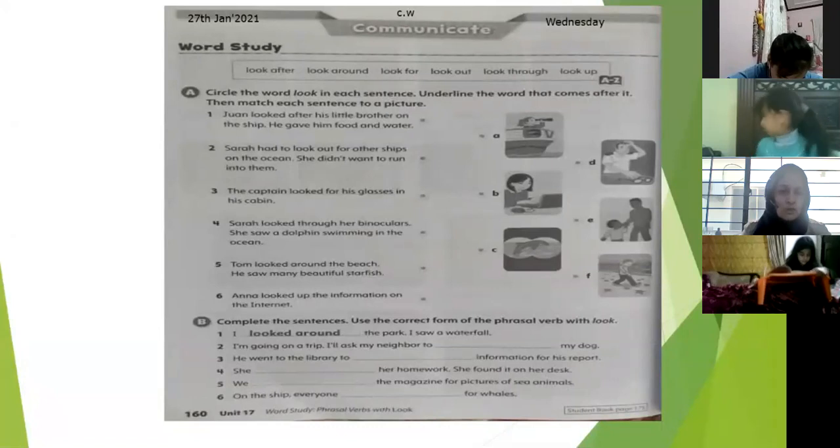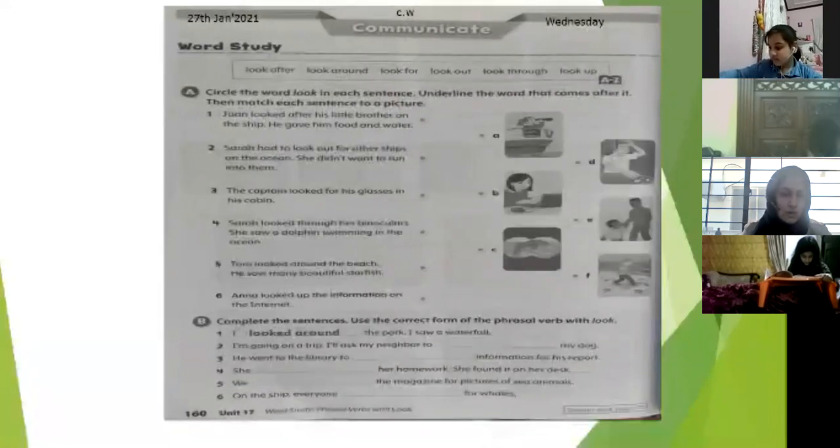You need to circle the word look in all the sentences. Then you have to underline the word that is coming after look, like after, out, for, through, around, up. These are the words which you will underline. And then match each sentence to a picture.